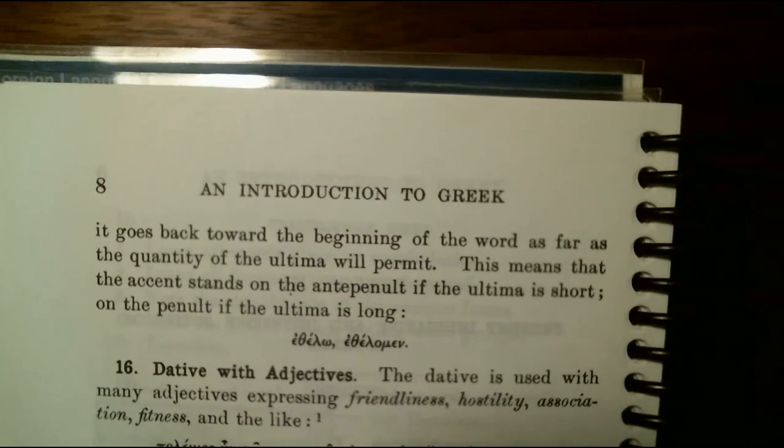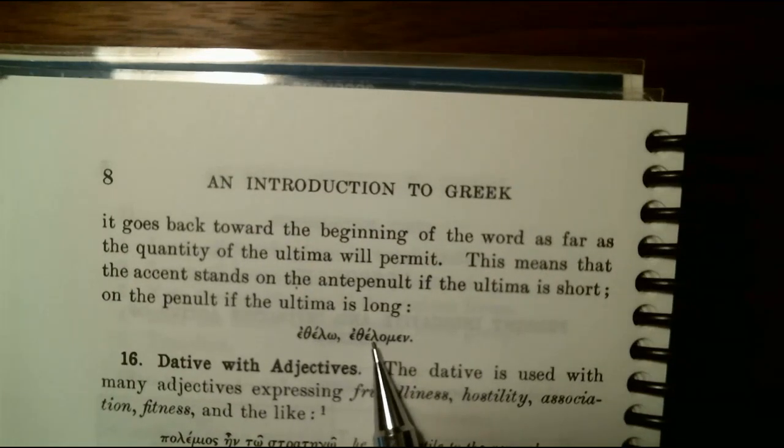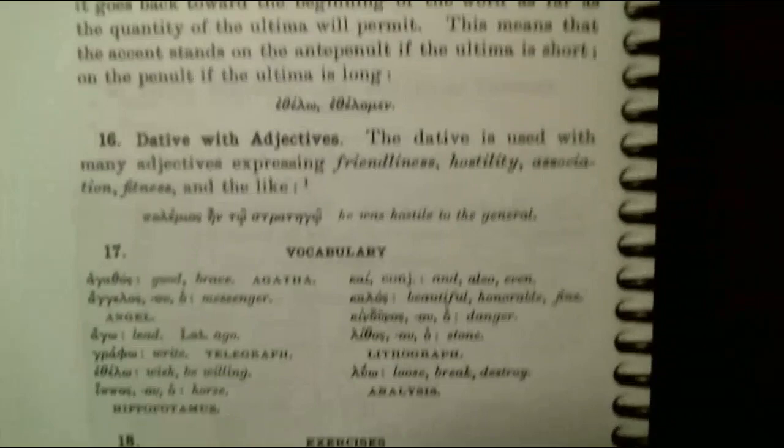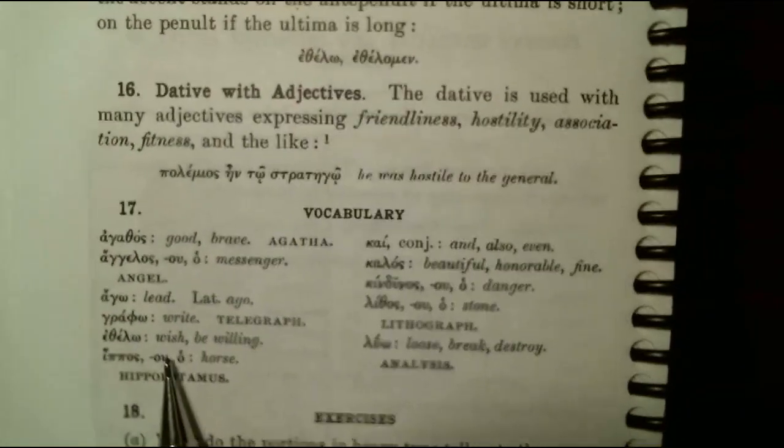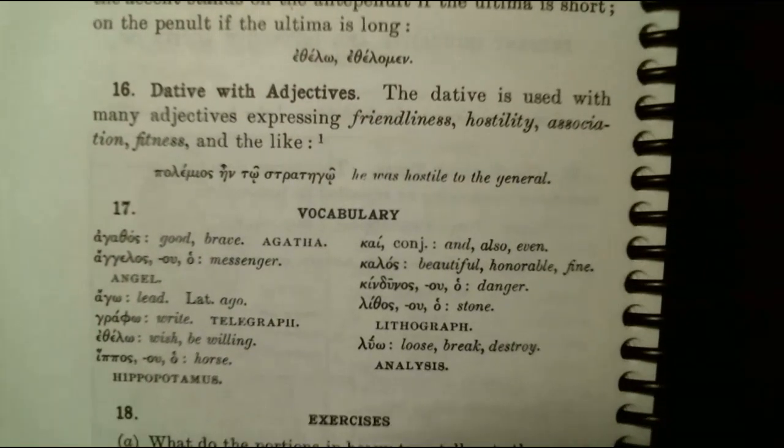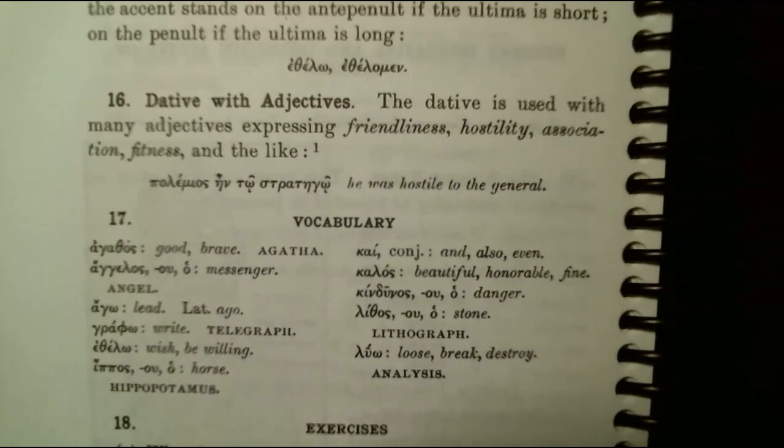Ethelomen. Okay? So let's go ahead and use that word also. And it means to wish or be willing, right? We have that down here in our vocabulary. Ethelo. Okay, so again, with accents, remember our mora rule.